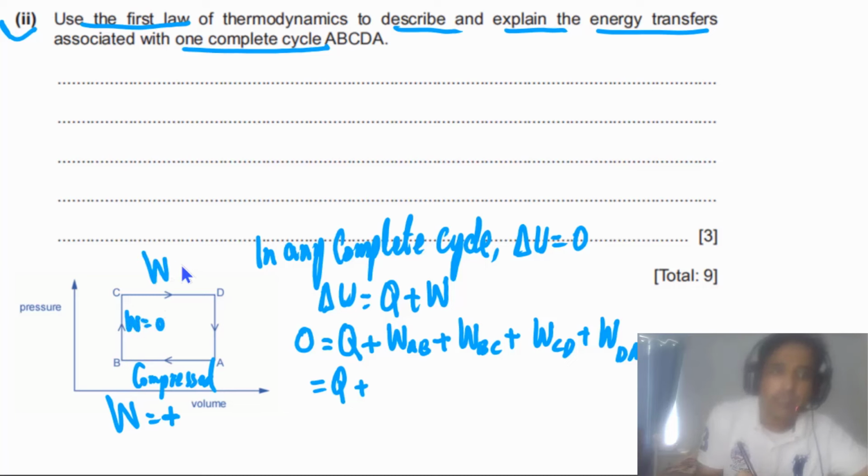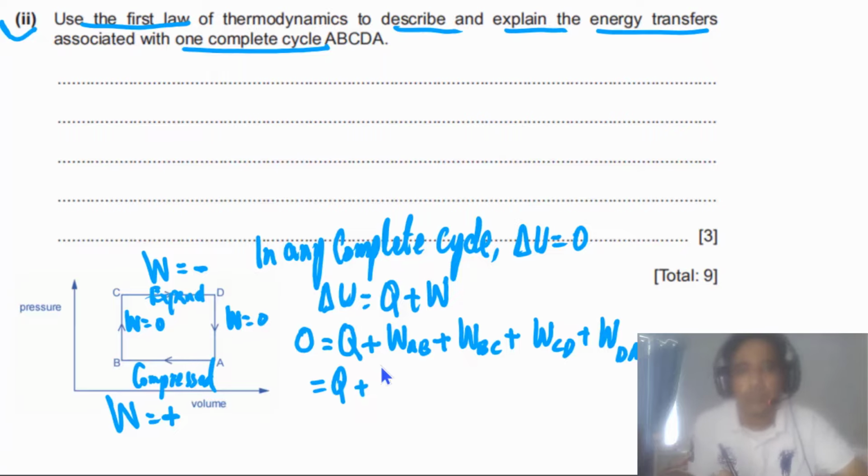Between C and D, work done is negative because the gas is expanding. Between D and A, work done is equal to 0 because the change in volume is equal to 0.